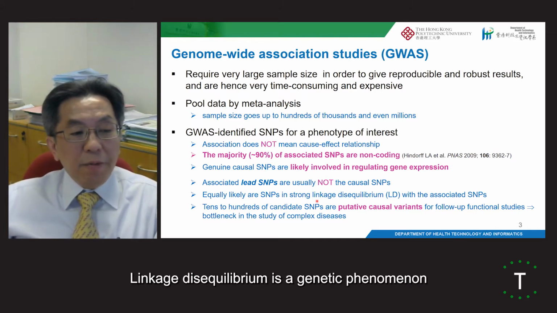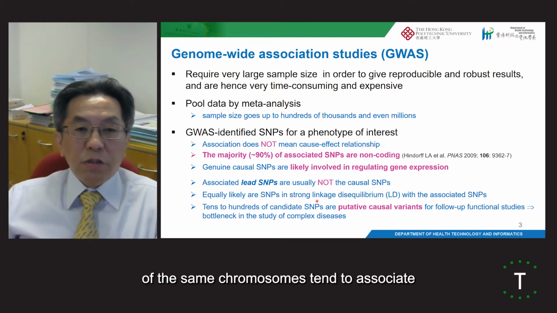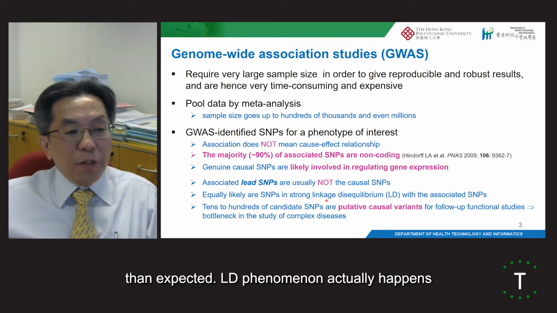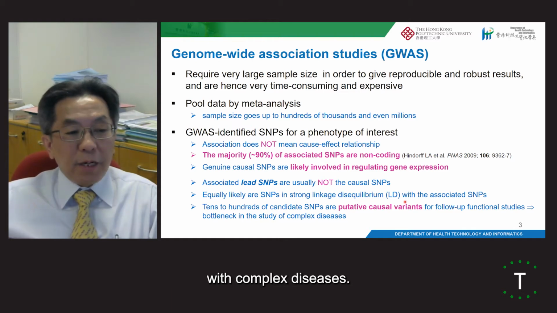Linkage disequilibrium is a genetic phenomenon in which alleles of different loci on the same chromosome tend to associate with each other more frequently than expected. The LD phenomenon actually helps us a lot when we want to identify the SNPs associated with complex diseases.